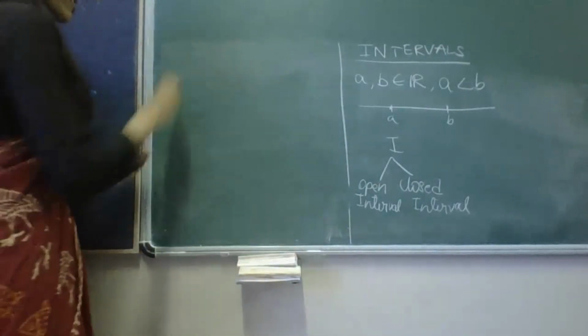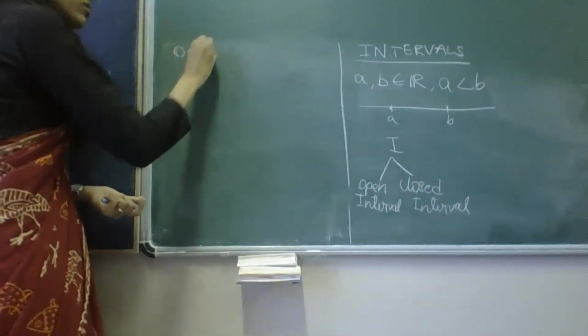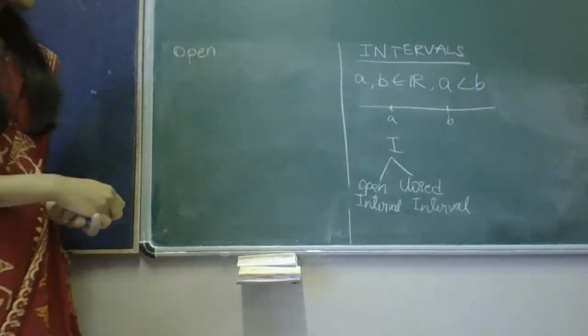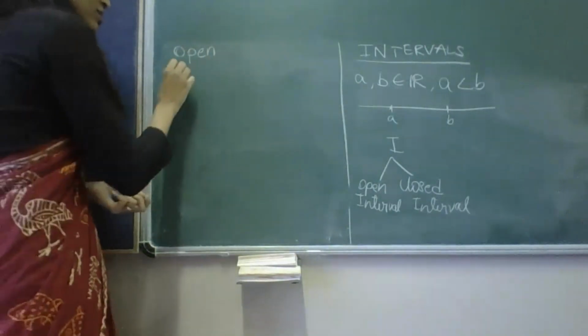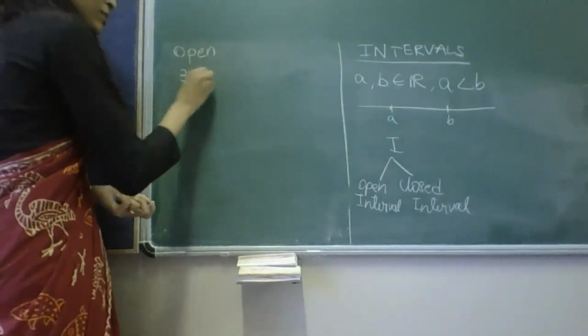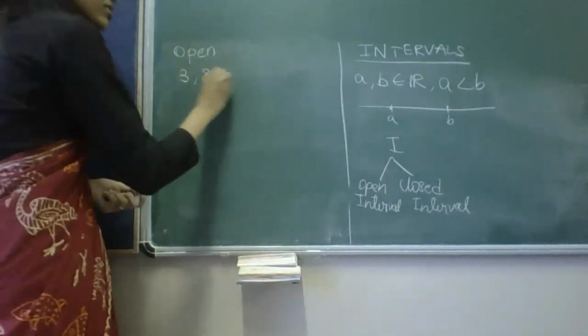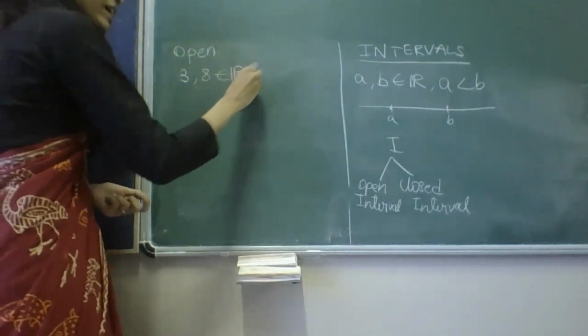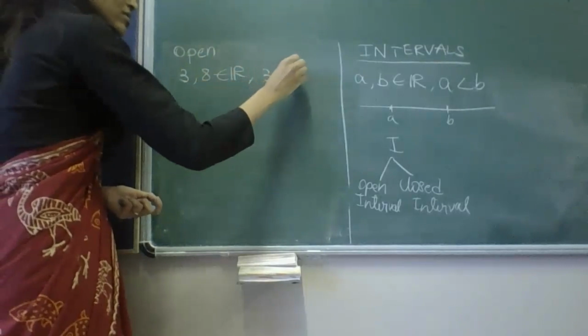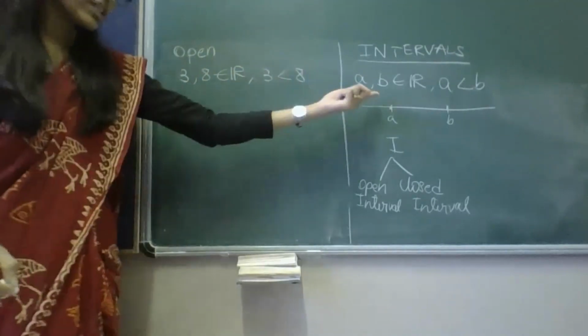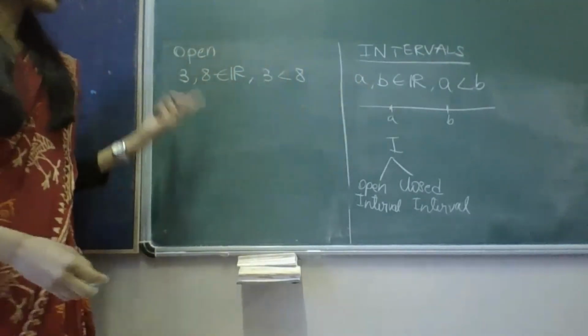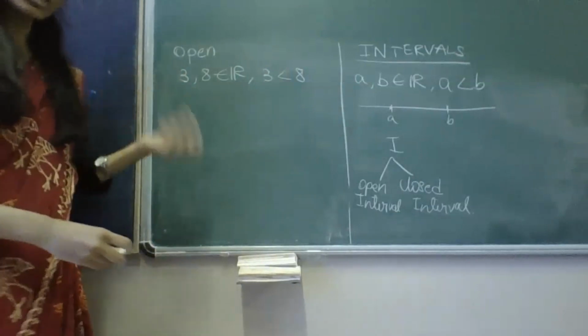What is an open interval? Suppose I have two numbers, say 3, comma 8. These are real numbers, and 3 is less than 8. Yes, it satisfies this condition. Now, I should represent this in the form of an interval.